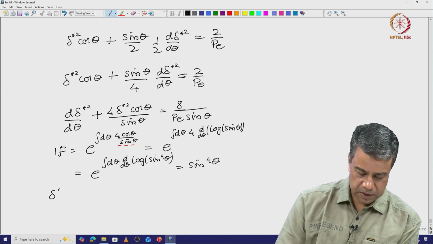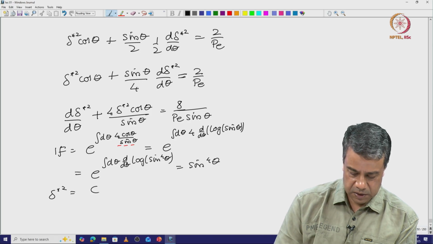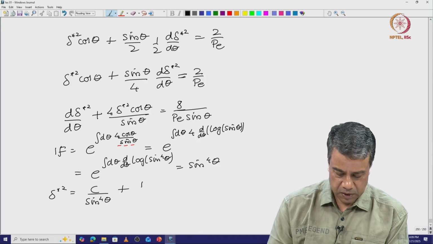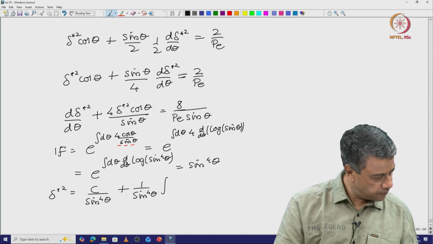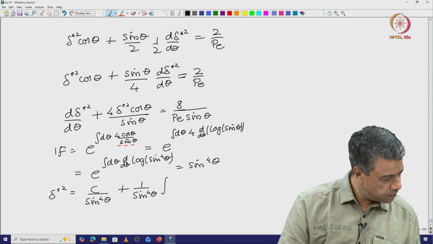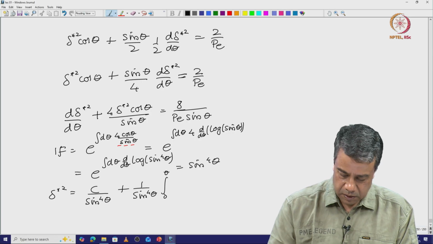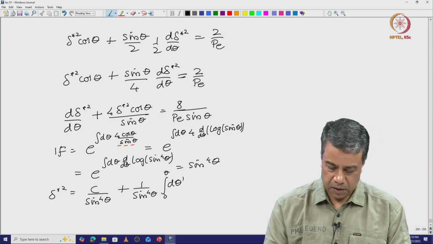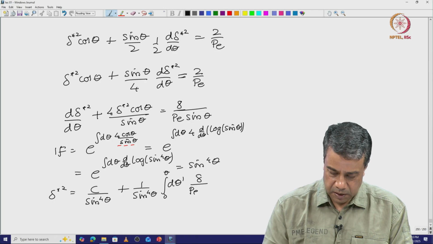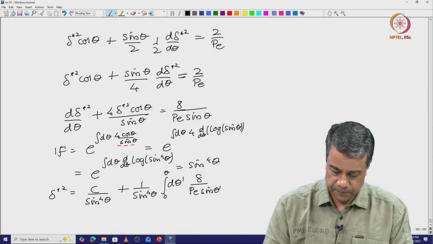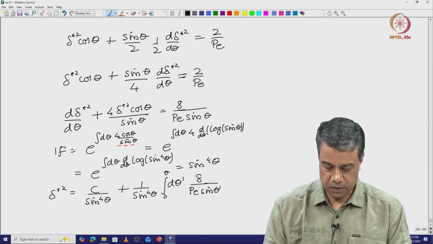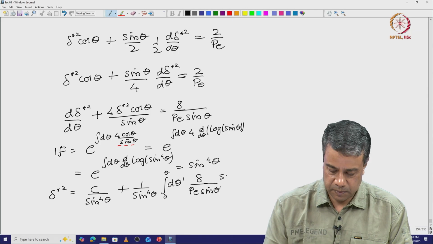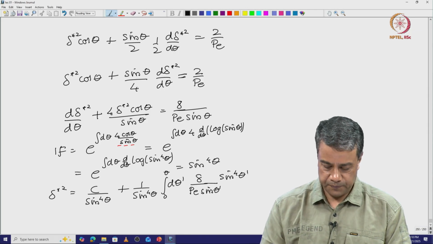Therefore, delta star square is equal to constant by sin power 4 theta plus 1 by sin power 4 theta integral 0 to theta d theta prime into 8 by Pe sin theta prime into the q of x, into e power integral p dx, which is sin power 4 theta prime.